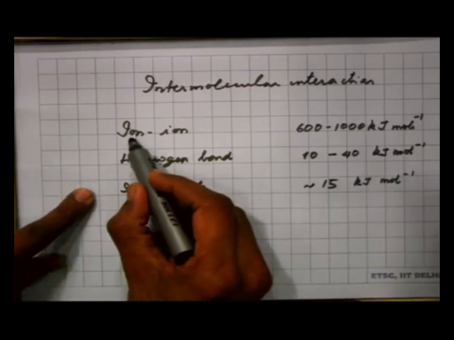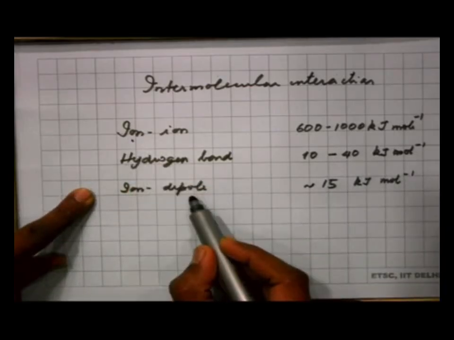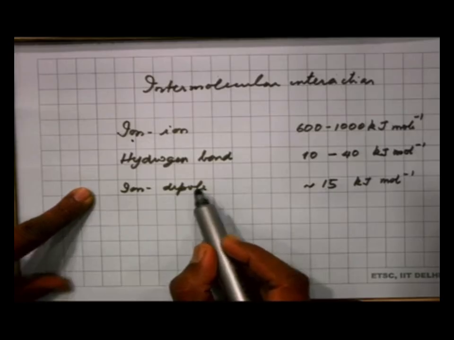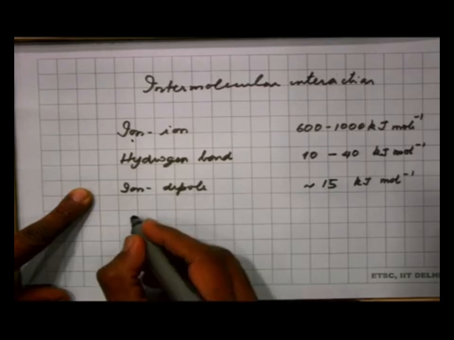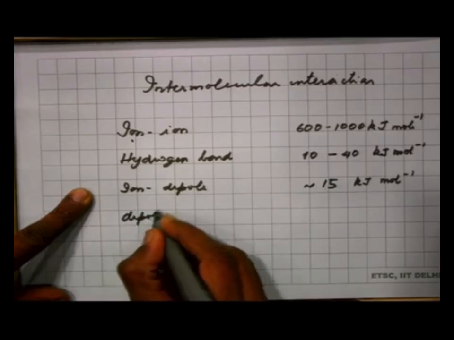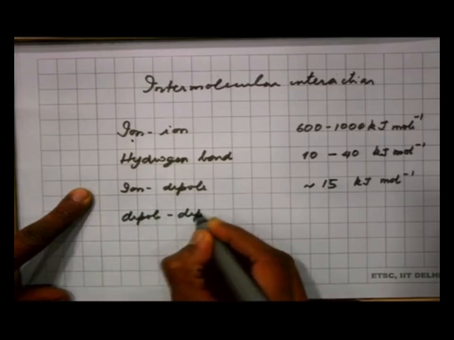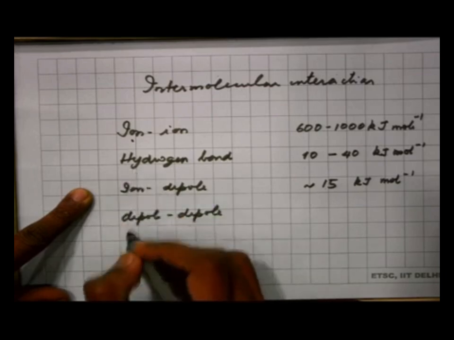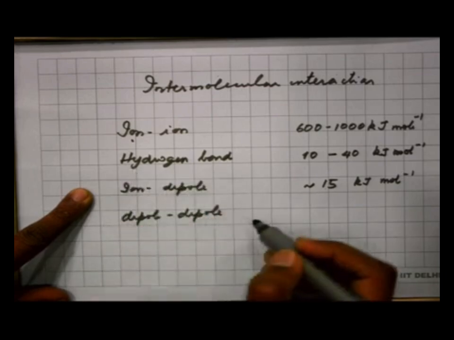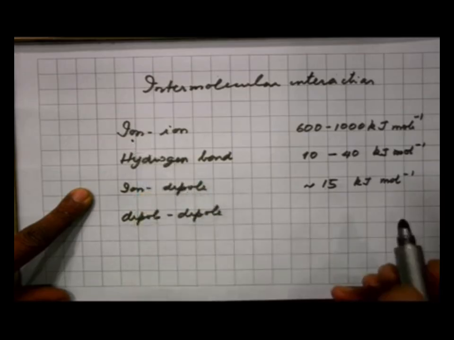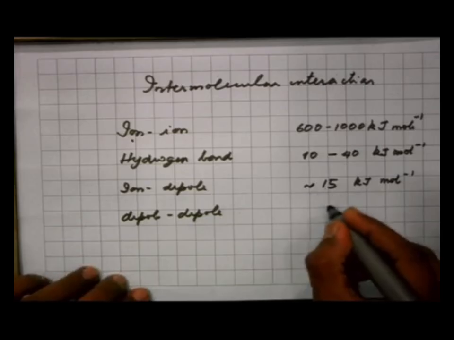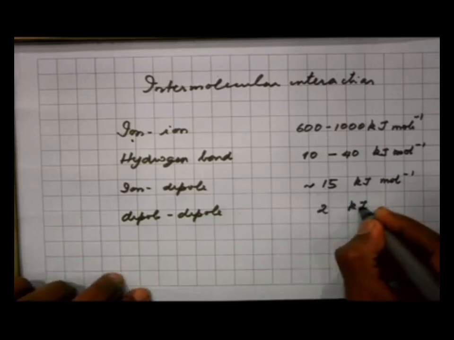So, we had an ion interacting with a dipole, and you can just apply your electrostatics a little bit. So, the next thing that we are likely to see is dipole dipole, and from now on it just follows exactly the way you would expect it to. Ion, dipole, dipole, dipole, and this is of the order of 2 kilojoules per mole.